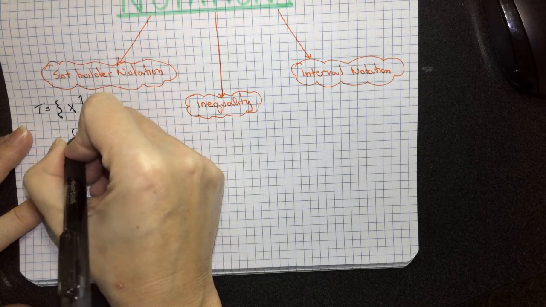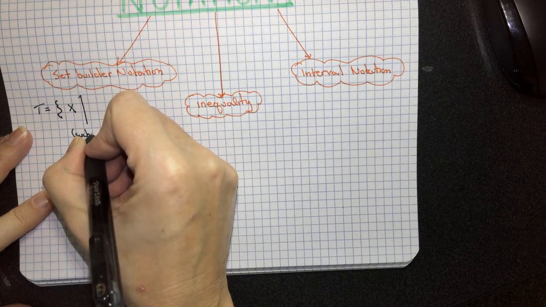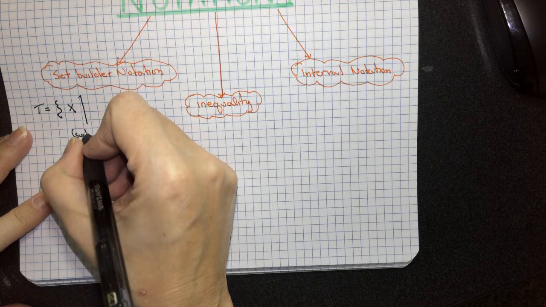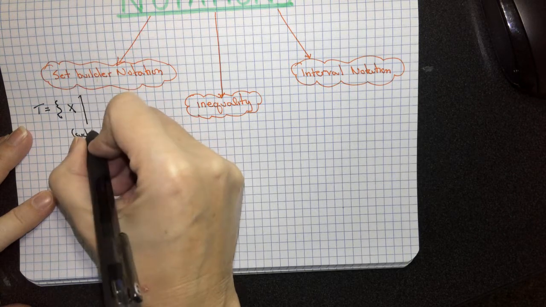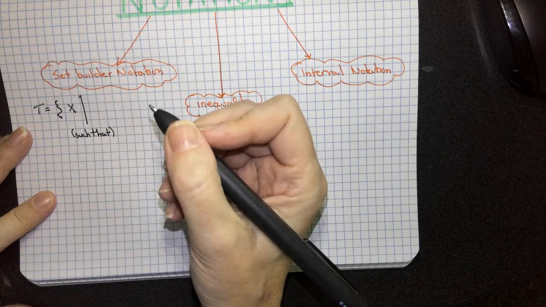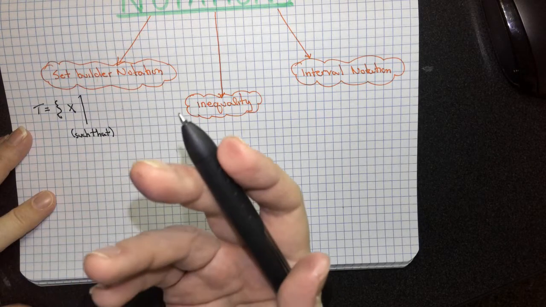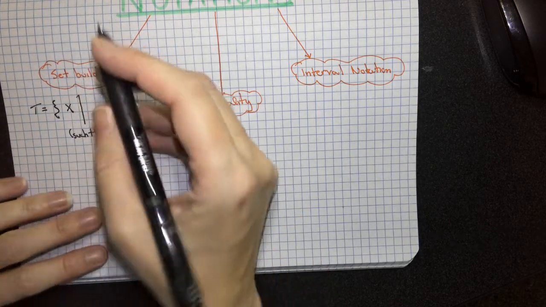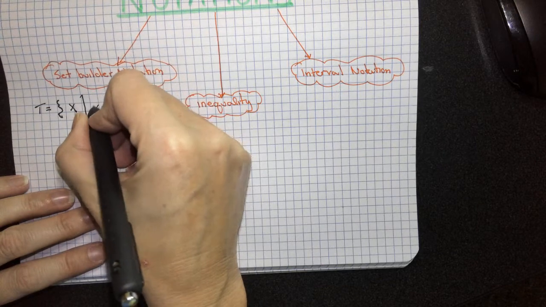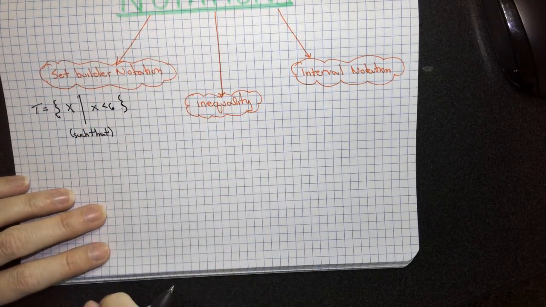This bar represents the phrase "such that." Then I'm going to give some sort of restriction here, and it could really be anything, so maybe I'm going to say x is less than 6, and then I'm going to close off my squiggle brackets.